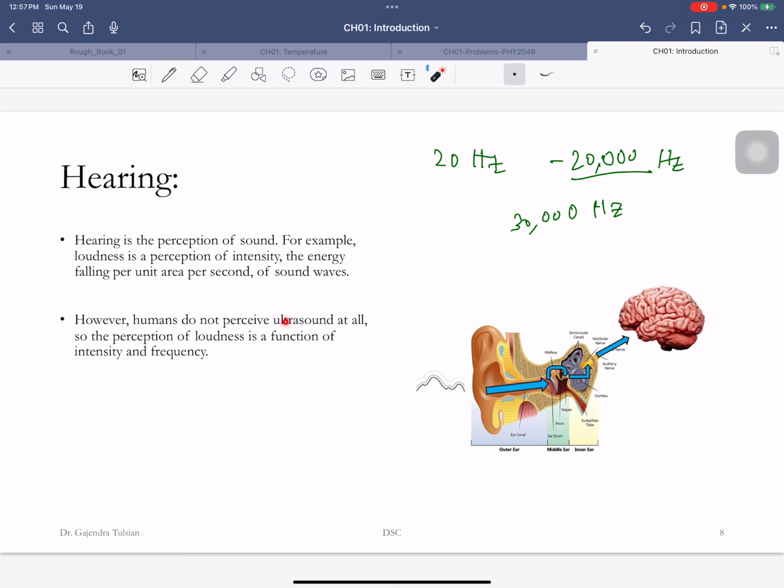You can produce a sound wave like that, but this instrument can't hear it, but there are other devices that could perceive that sound. So our perception of sound depends on frequency. We'll learn all of that. For instance, dog whistles produce high frequency sounds, and so on.